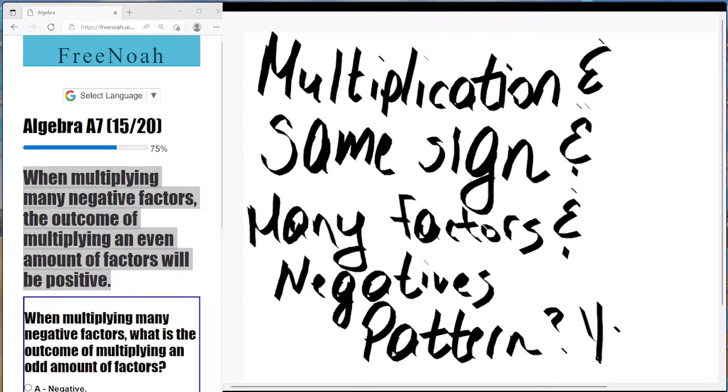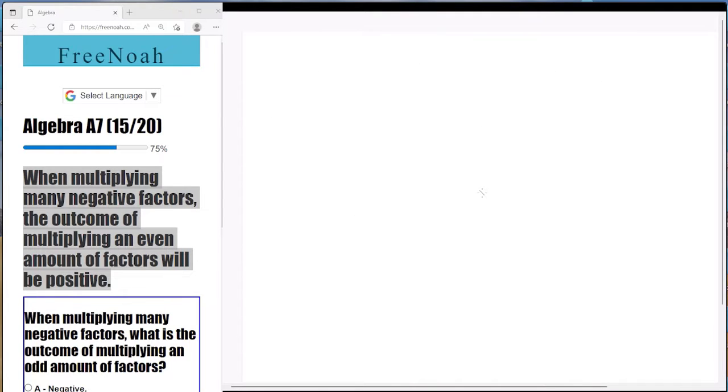And is there a pattern between all of these terms here? Yes, there is. We're going to take the number 2, for instance, and keep multiplying -2, -2, and -2, and figure out exactly what the pattern is.